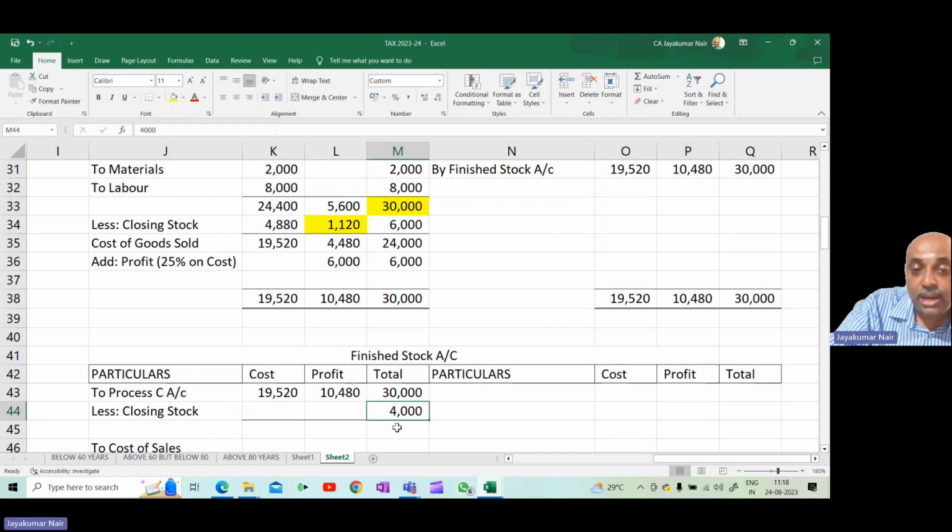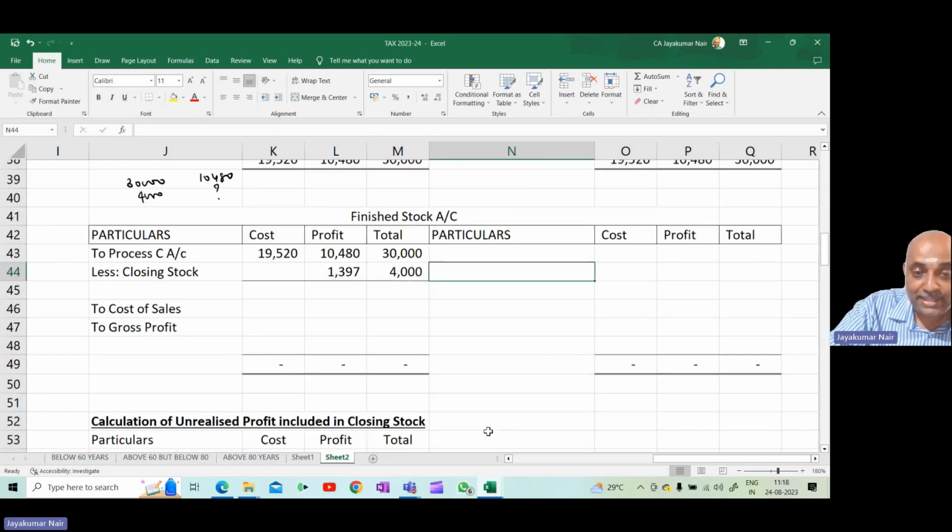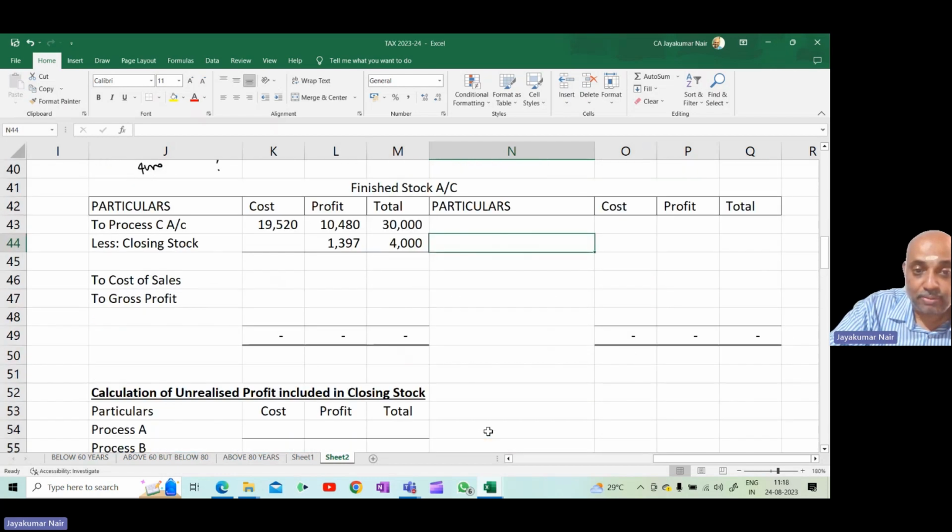This is the cost. Now, what is the profit included? How do you compute it? In the same manner, out of 30,000, 10,480 is the profit. 4,000 means how much? So 10,480 into 4,000 divided by 30,000 is 1,397. 1,397 is the value. So what is the cost price?